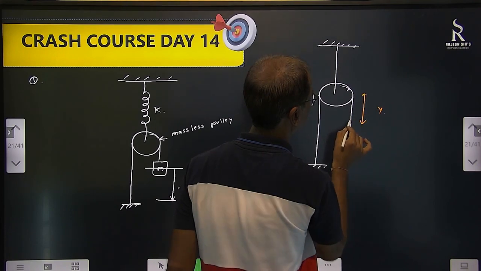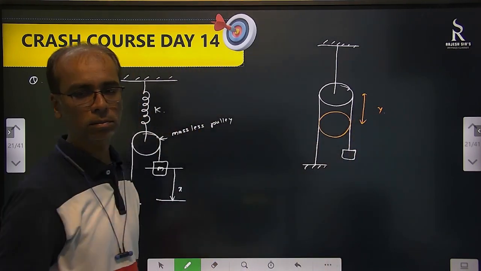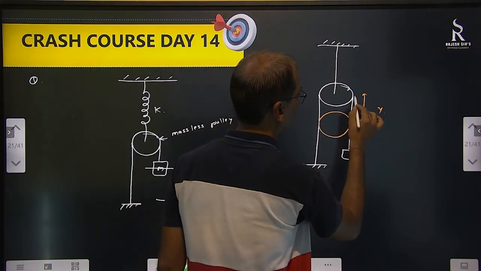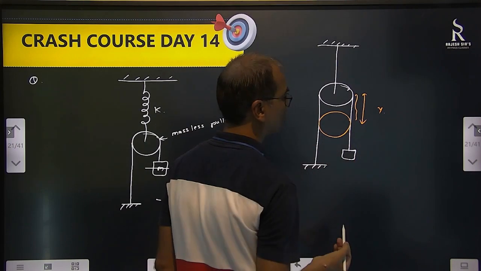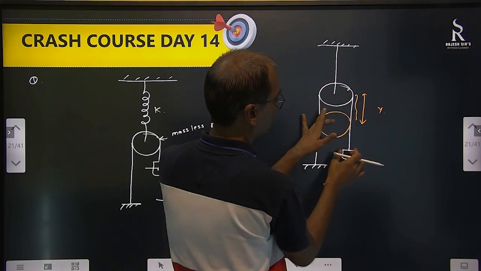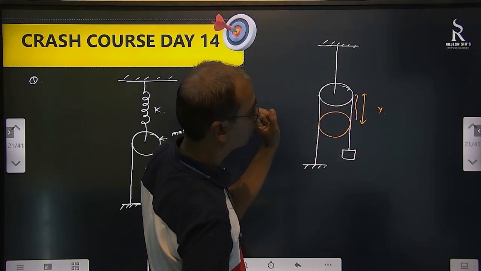So that means the pulley is now here, in the new position. Now the question is, where has this y length of string gone? Because this pulley has come down, this y will go down. What about this y then?